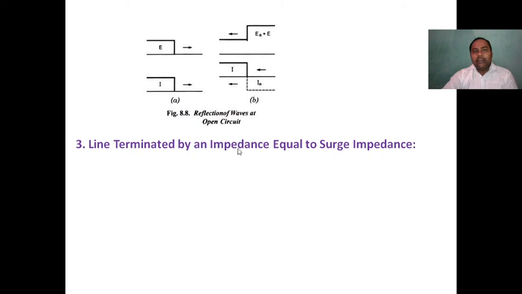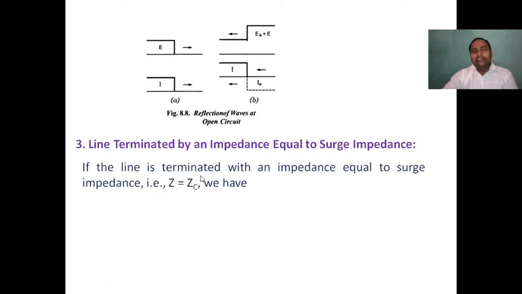Line terminated by an impedance equal to surge impedance. If Z is equal to ZC, what happens? If the line is terminated with an impedance equal to surge impedance, Z is equal to ZC, the transmitted voltage is equal to incident voltage, and transmitted current is equal to incident current.